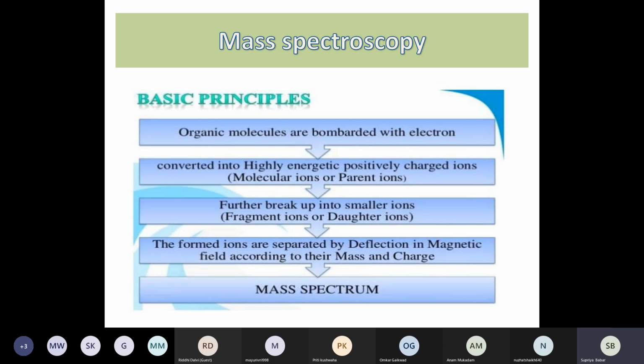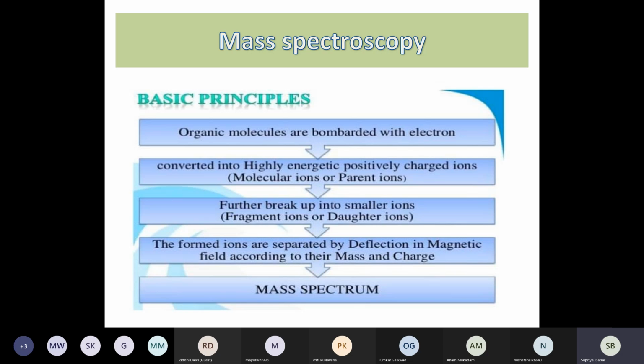So it is for the confirmation. At the end, we normally do mass spectroscopy, for the confirmation of our structure, whether I got the right structure or not.